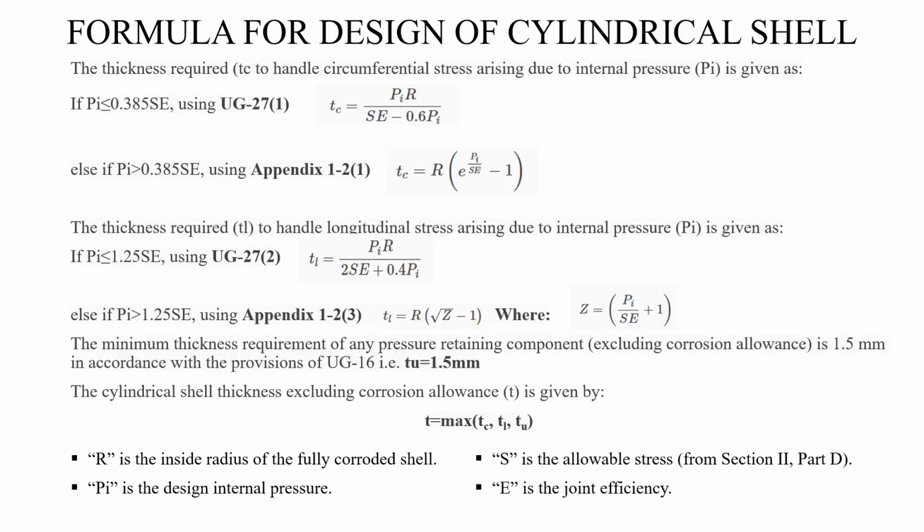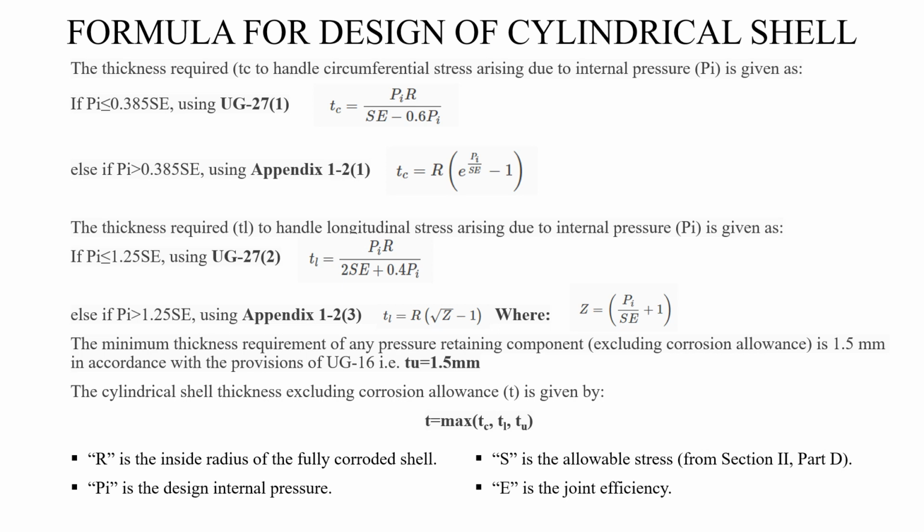The formula to design a cylindrical shell is mentioned in UG-27(c)(1). Tc, the thickness due to circumferential stress, is PiR divided by SE minus 0.6Pi.